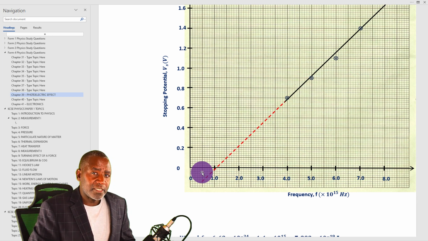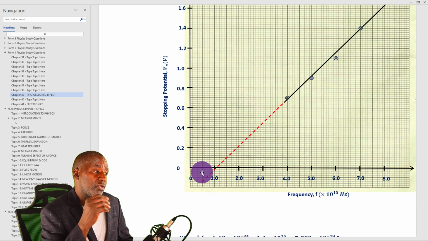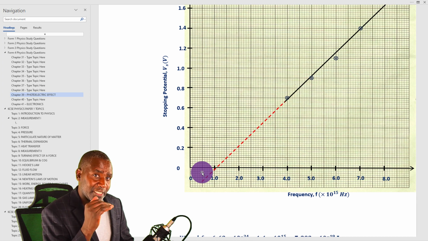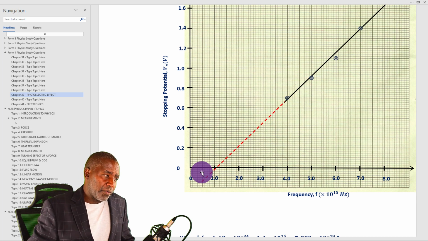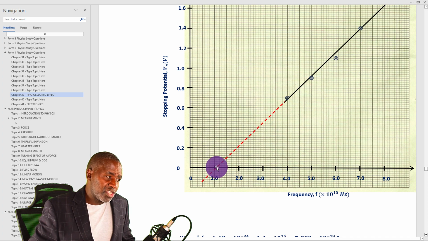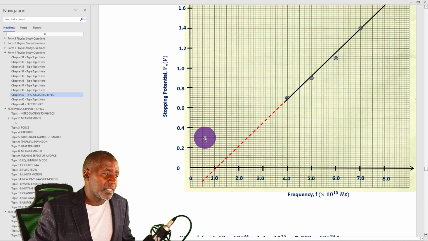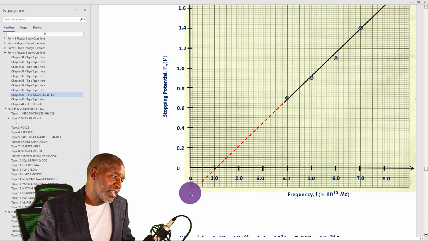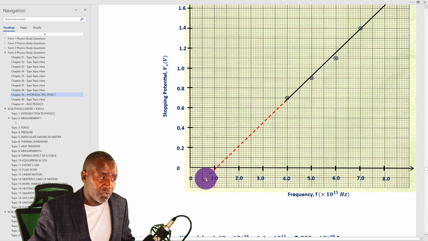In such a case, even in the actual practical where you have chosen a scale which does not allow you to determine the y-intercept, you can use this other one here, because this value is the value of f when Vs is 0. Remember that, this one here. Well, this one will be the value of y when x is 0. You can also use this one to get this.